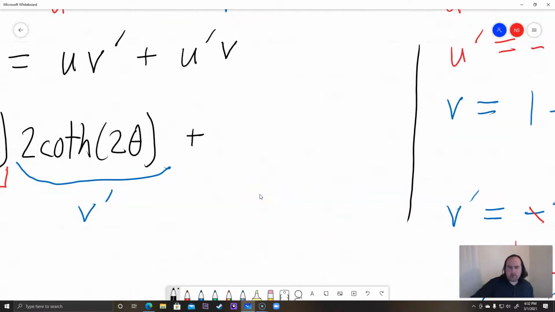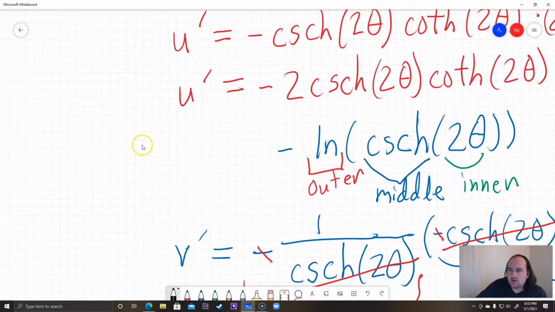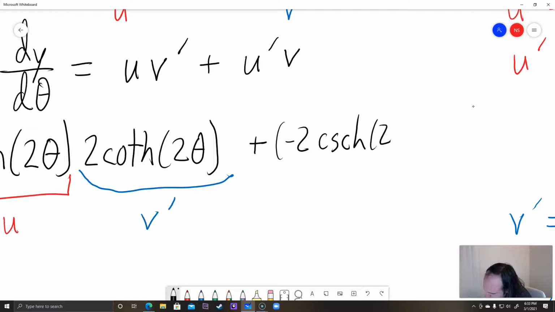Okay, so I'm going to run out of room there. So I probably should actually erase a little bit of this so I have some room. Okay, so we got our u prime, which is negative 2 cosec of 2 theta coth of 2 theta.